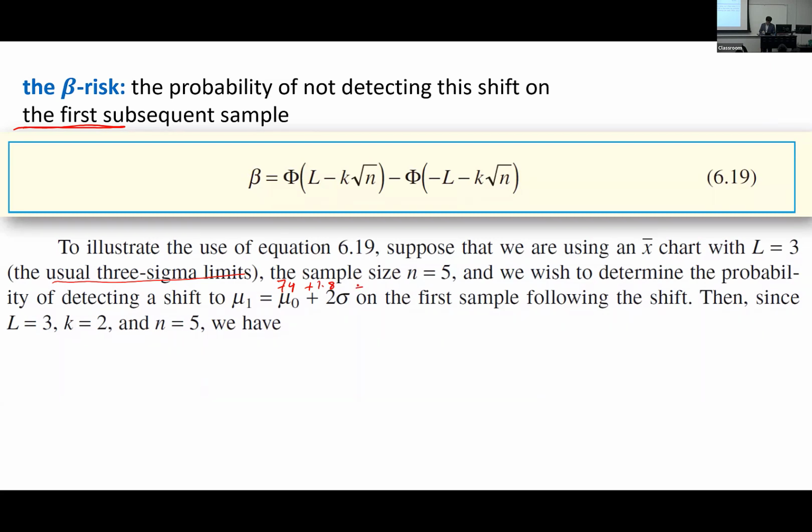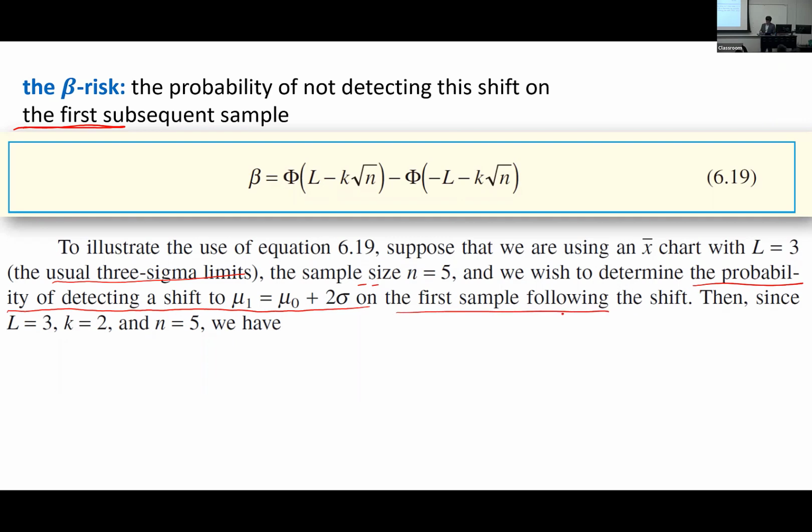So your new mean has changed to 75.8. We wish to determine the probability of detecting a shift to that value on the first sample. So that's the beta risk.